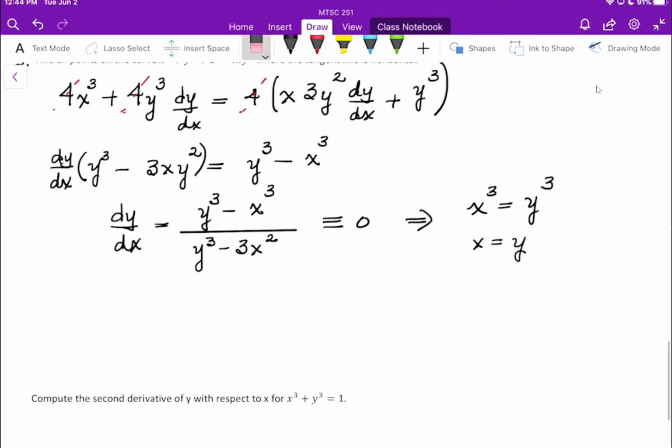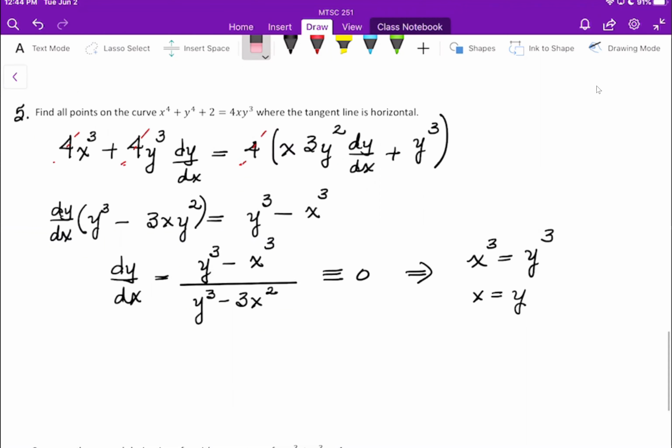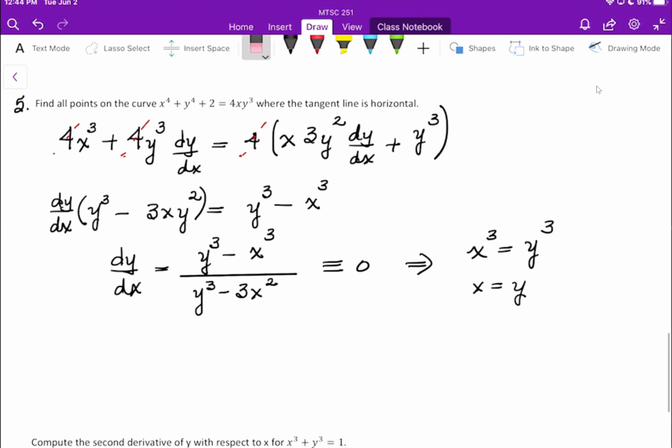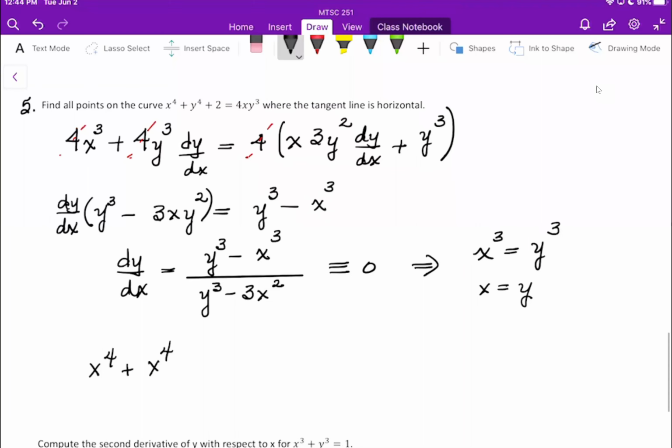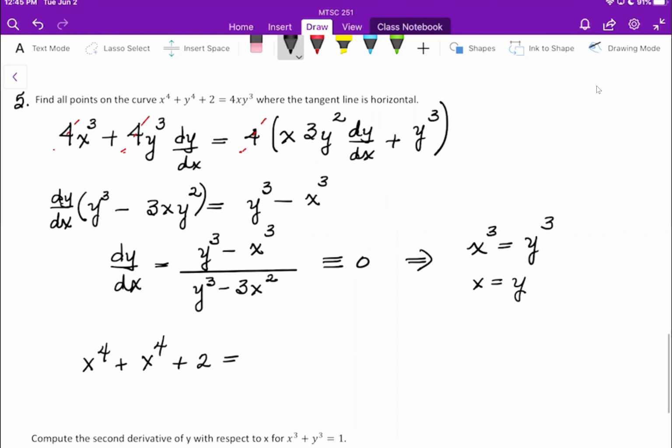So we get x to the fourth, and since x equals y, another x to the fourth, plus 2 is going to be 4. And again, y cubed is going to be x cubed, so I'm going to get 4x to the fourth.